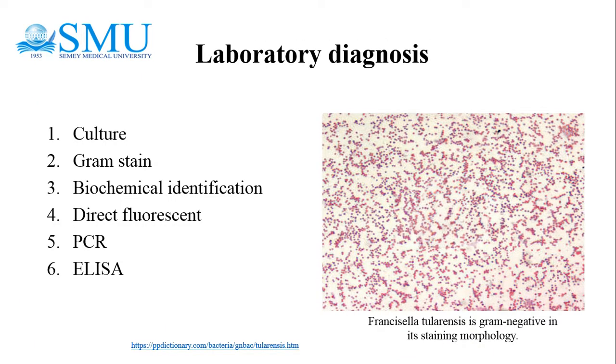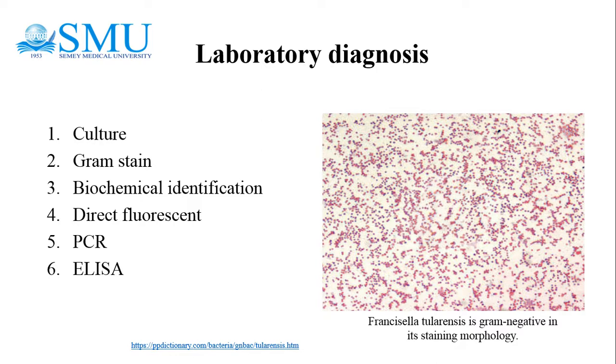The laboratory diagnosis of tularemia is by the culture method. We use Gram stain, biochemical identification of the bacteria, direct fluorescent antibody testing, polymerase chain reaction, and the enzyme-linked immunosorbent assay.